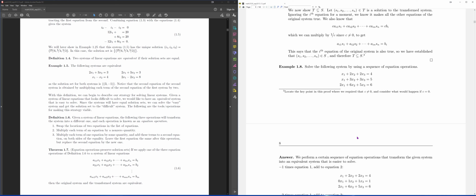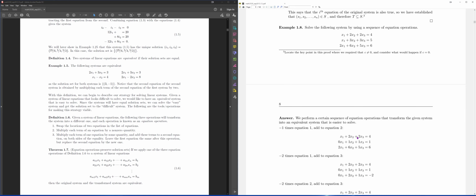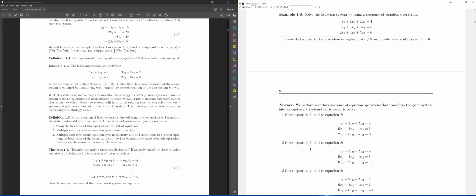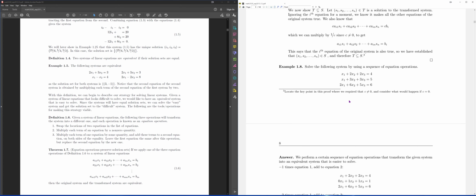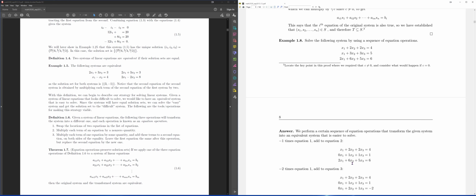Okay, and why do you go through all of this? Well, the strategy is that you're given a system over here that seems difficult to solve, and it's stated over here. What you want to do is transform your system by using equation operations.